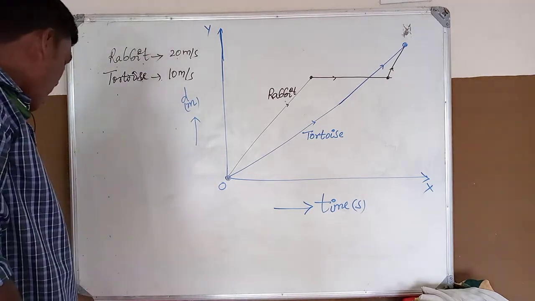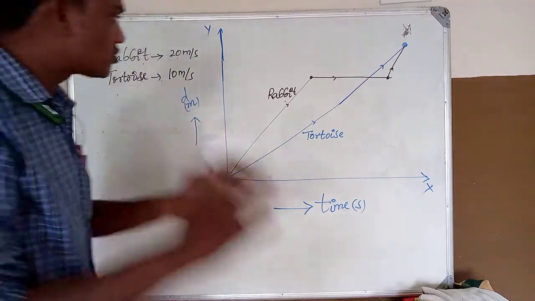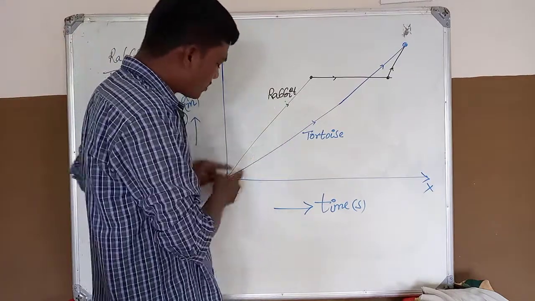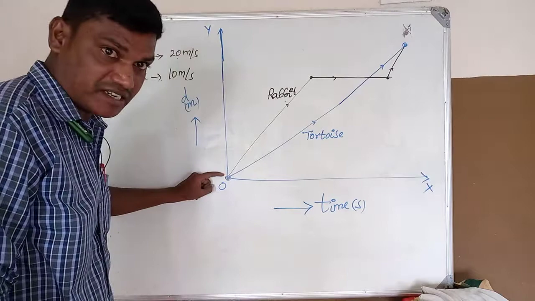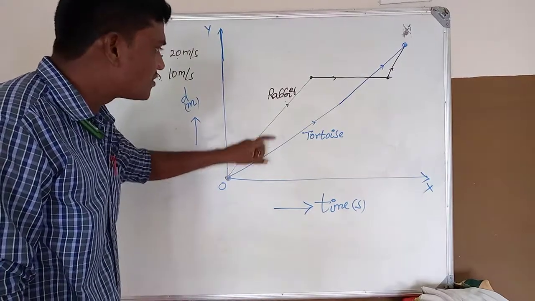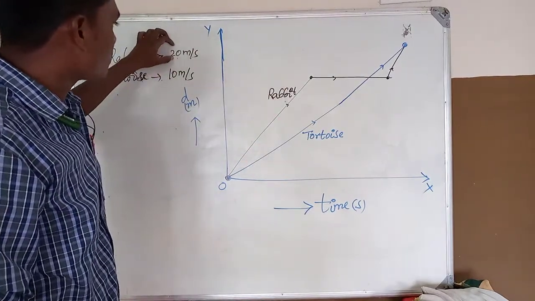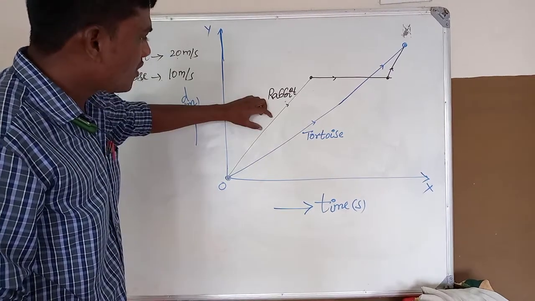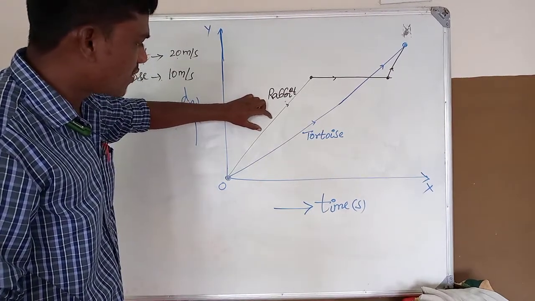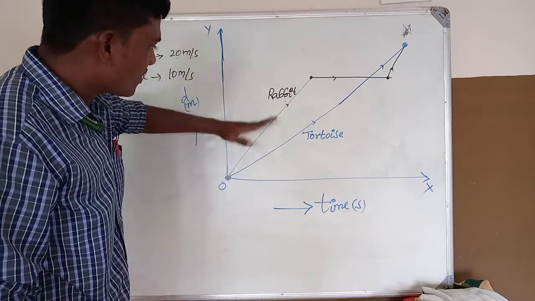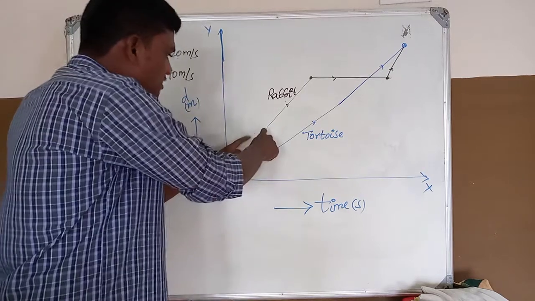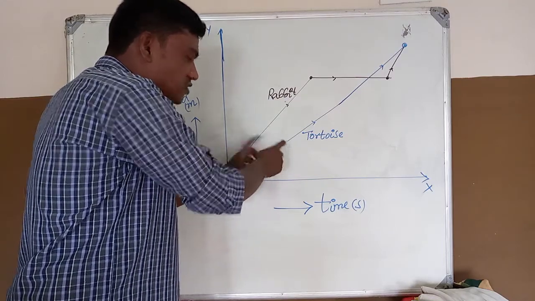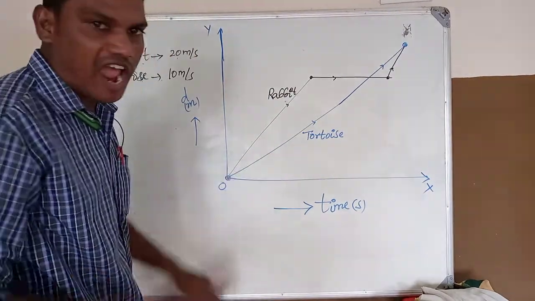But according to the story, we know that the tortoise and the rabbit both started from the same point simultaneously, and they move with their respective constant speeds. The rabbit is 20, the tortoise is 10. That's why the rabbit is shown separately. This one is higher, more speed than which one? The tortoise.